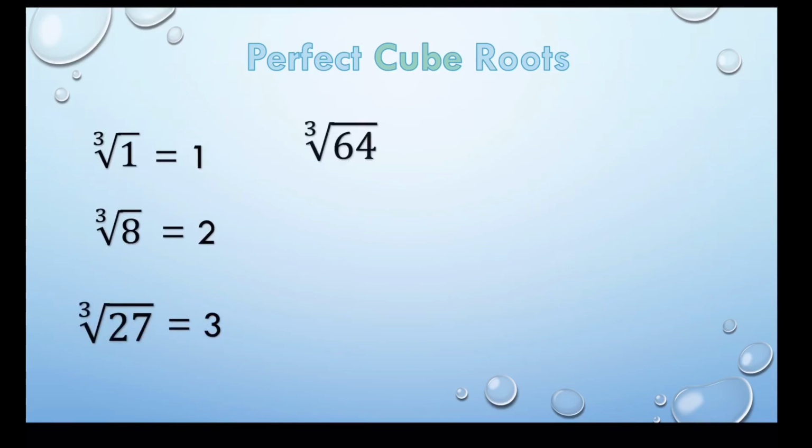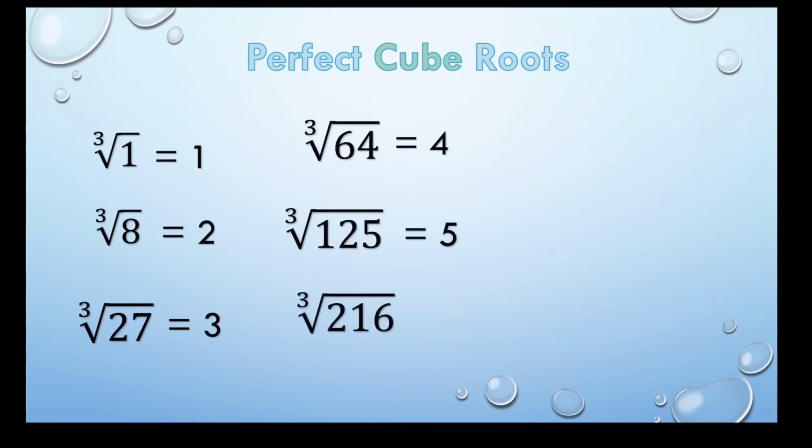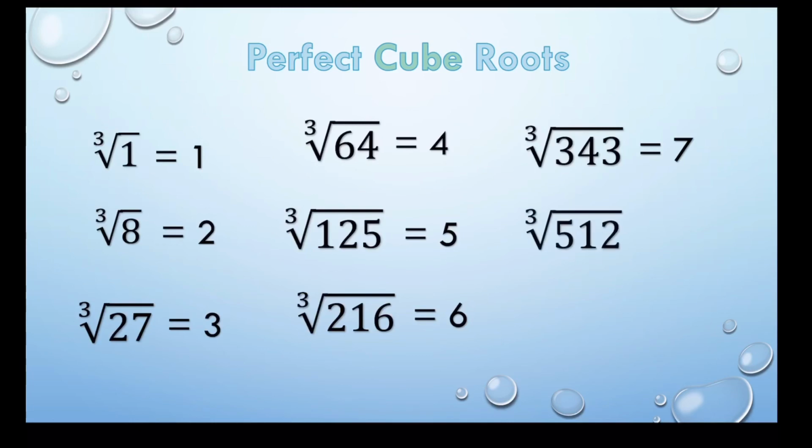The cube root of 64 is 4. The cube root of 125 is 5. The cube root of 216 is 6. The cube root of 343 is 7. The cube root of 512 is 8. And the cube root of 729 is 9.